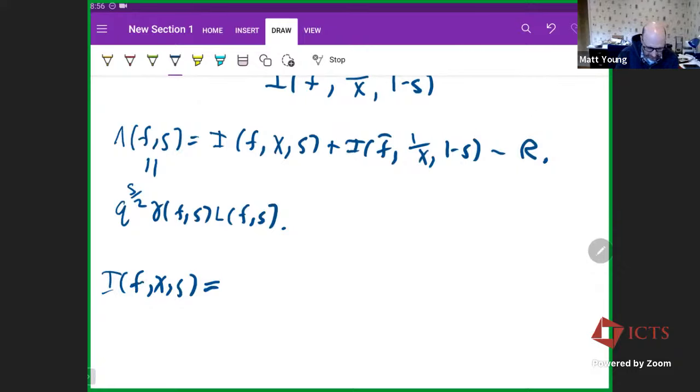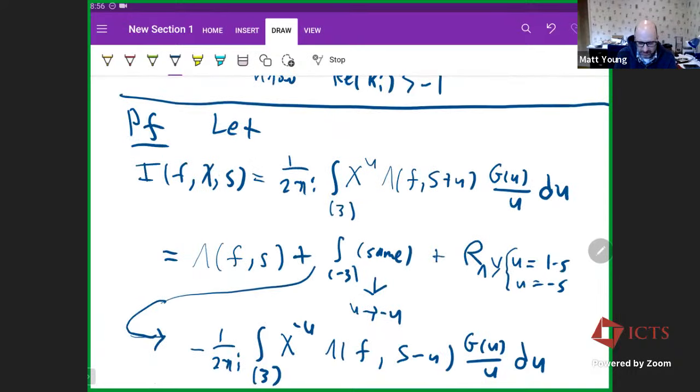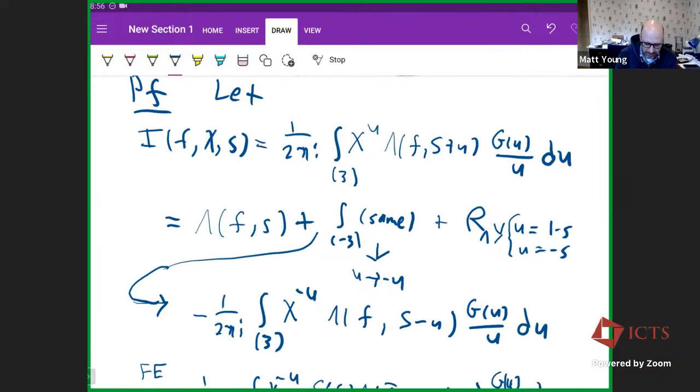So I have f, x, s, that's our integral. We're just going to plug in the Dirichlet series for the L-function. We're allowed to do that because we're way over on the line 3 where it converges absolutely, outside of the problematic region, to the right of the critical strip.